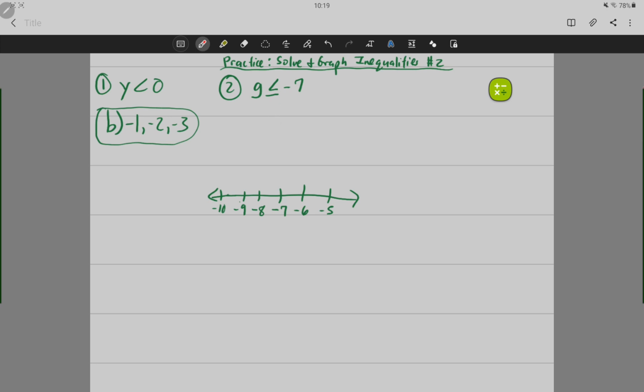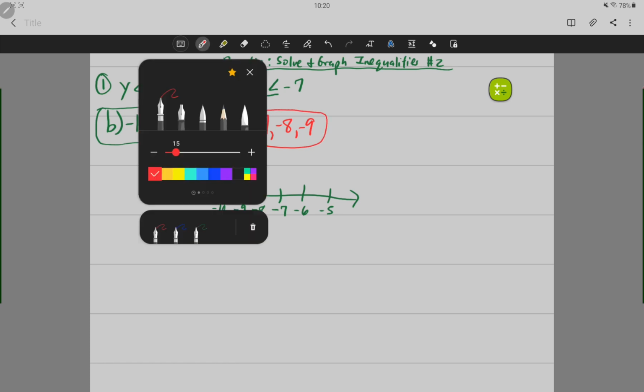So that's the first integer that will help to satisfy this inequality, negative 7. And then, since we already chose one number, now we only need 2 more. So less than negative 7 is negative 8, and less than that is negative 9. So just be careful to include that negative 7 as part of your solution. So choice C is our answer.